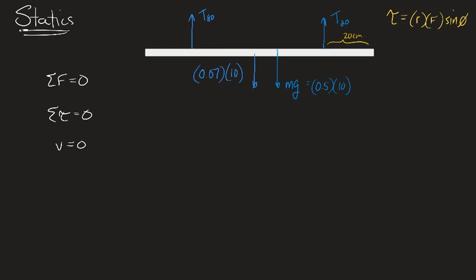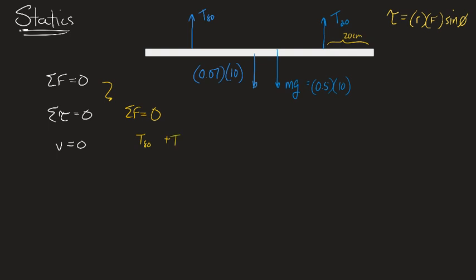Now, I started this whole discussion indicating that we need to look at both torque and force, because if we look at just force, which we're going to do first, net force equals 0. There are 4 forces. There's T80, and I'm naming it that because it's at the 80 centimeter mark. Don't think too deeply about it. It's upward, so I'm making it positive.